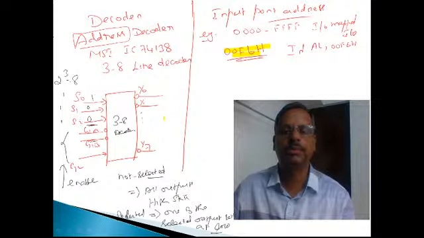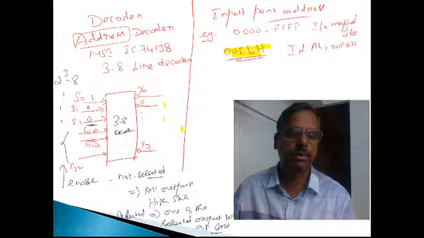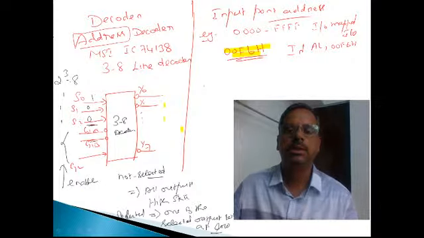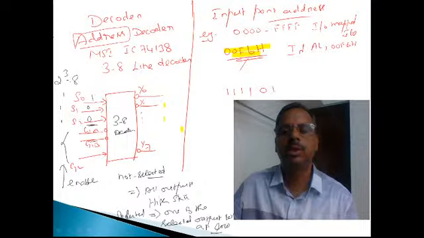How are we going to do this? What we need to do is the following. You write this particular address and expand it. So F becomes 1, 1, 1, 1, and 6 is going to be 0, 1, 1, 0.